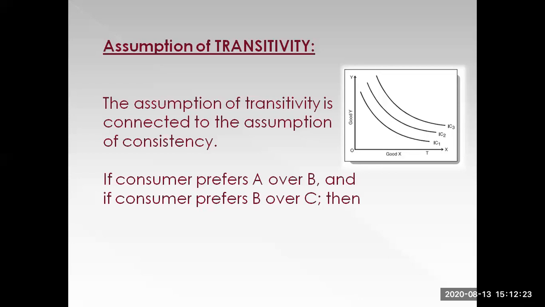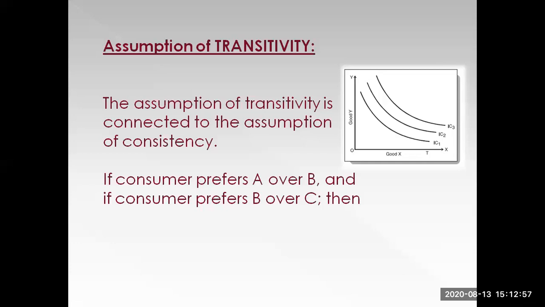So when I'm talking about the previous day, I get the information that utility derived from commodity bundle A is higher than the utility derived from commodity bundle B. But from the next day, I see that the utility derived from commodity bundle B again is higher than that of C. So essentially, the utility derived from A is higher than that from B, which is higher than that from C. So let's say the utility derived from commodity bundle A is 5 units.